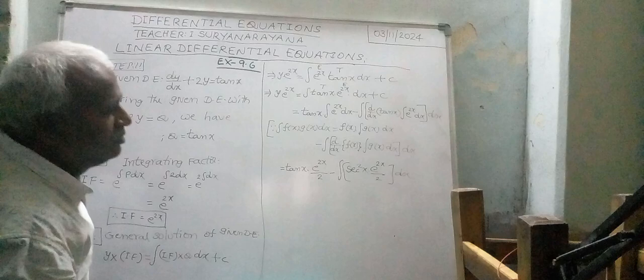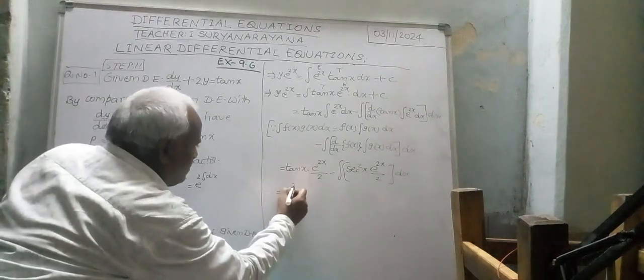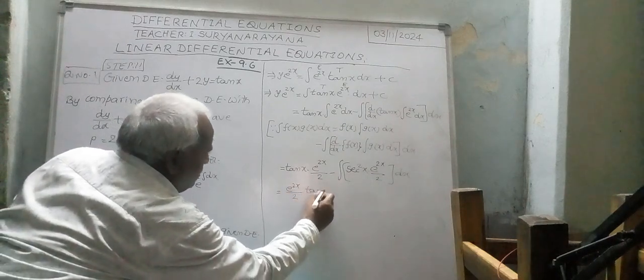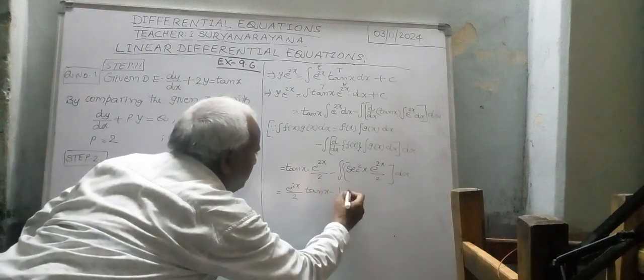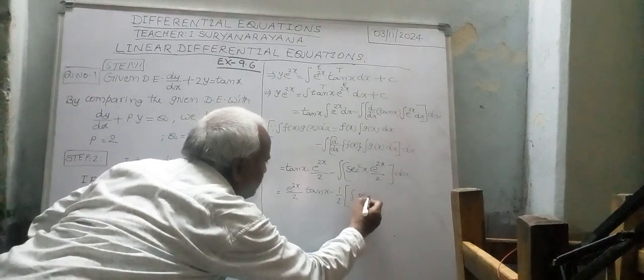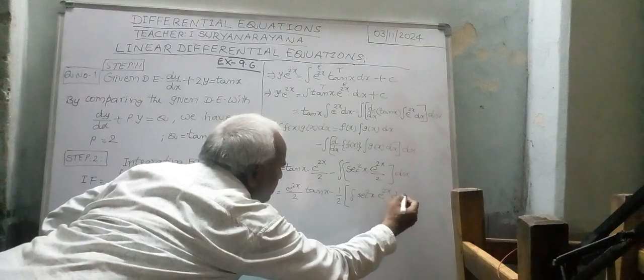Got this one? Then e power 2x by 2 into tan x minus 1 by 2, we write 1 by 2 outside, into integral secant square x into e power 2x dx.